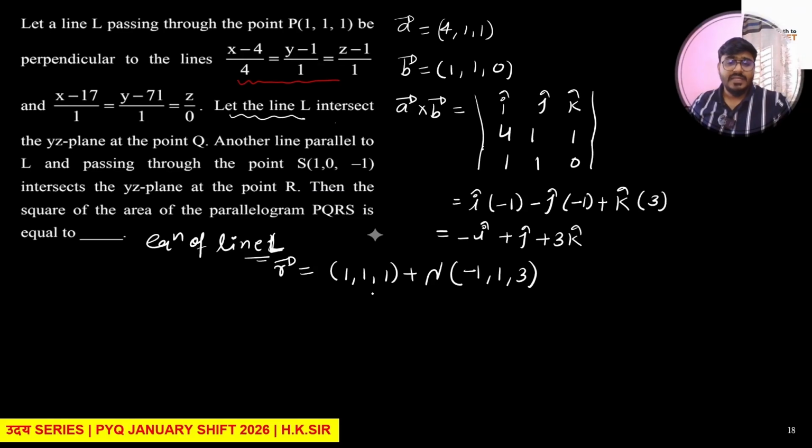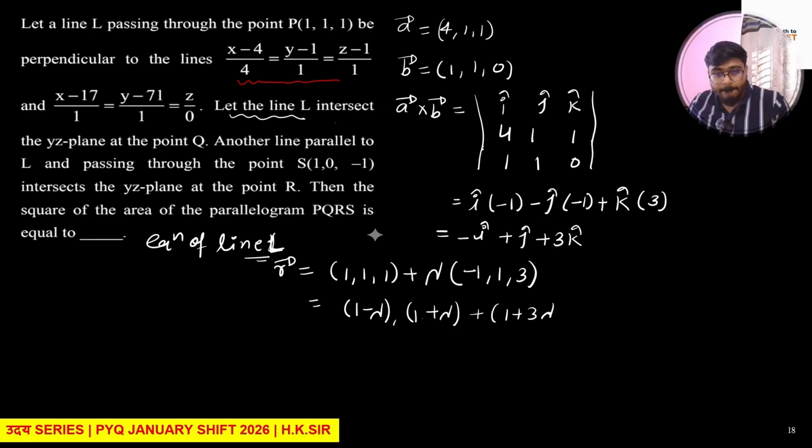If this line intersects the yz plane, that means at the yz plane x is 0. So here we can take the general point on the line: 1 minus lambda, 1 plus lambda, and 1 plus 3 lambda.